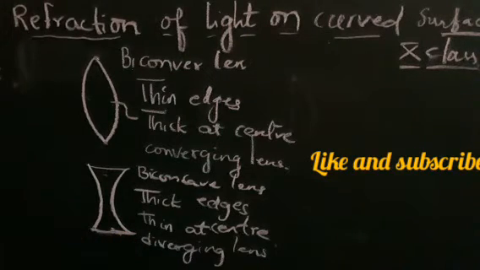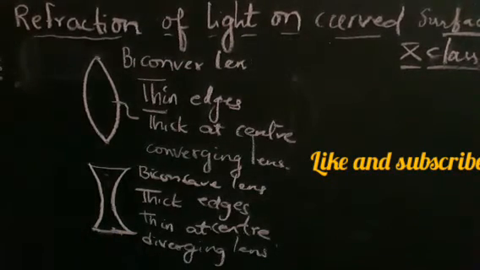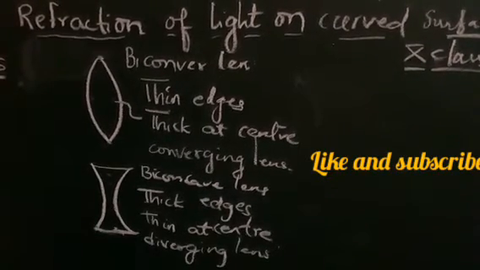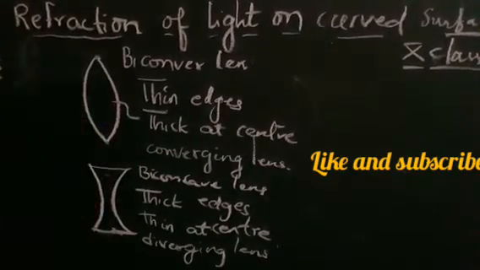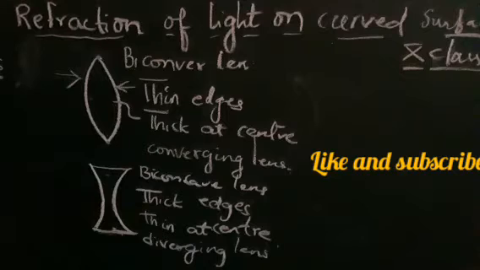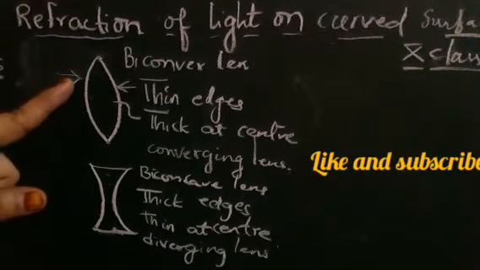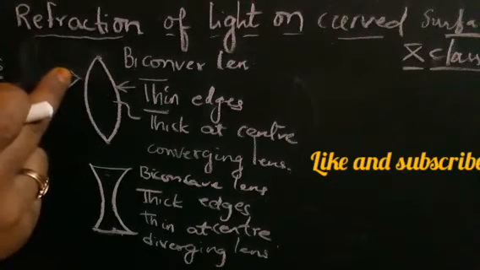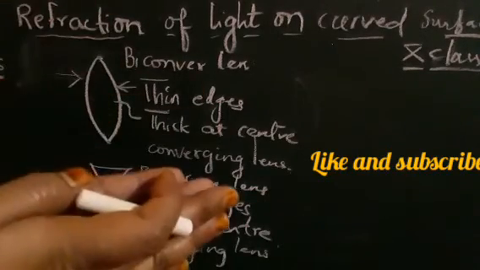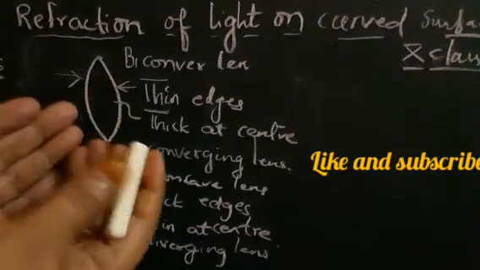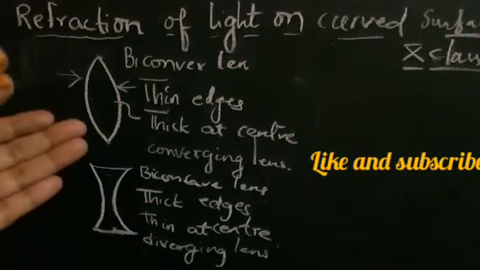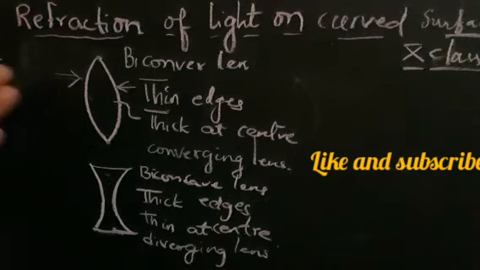As we have learned, lenses have two sides, so there is a chance that rays will fall here also, and here also. If the incident ray falls on the right side, it is going to refract on the left side, and if the incident ray falls on the left side, the refracted rays fall on the right side.